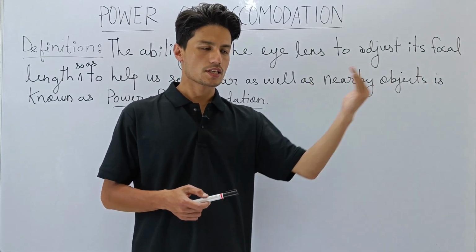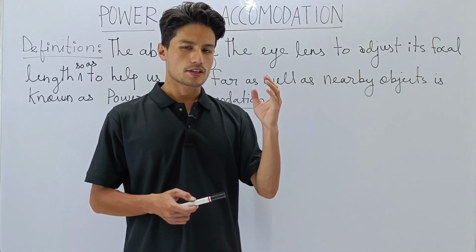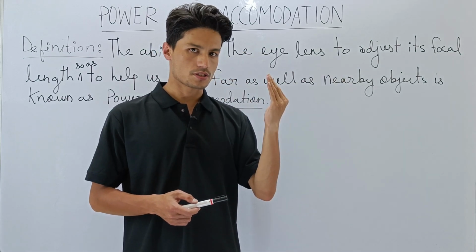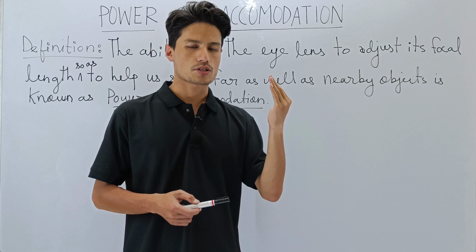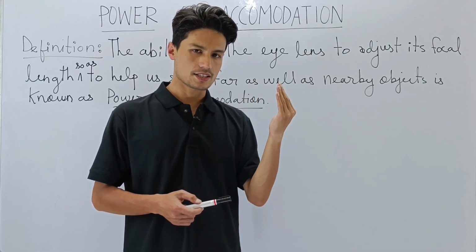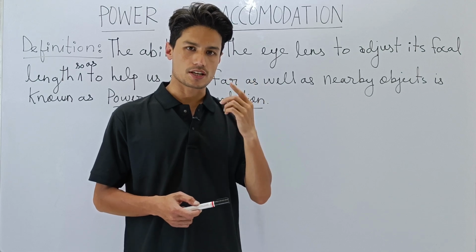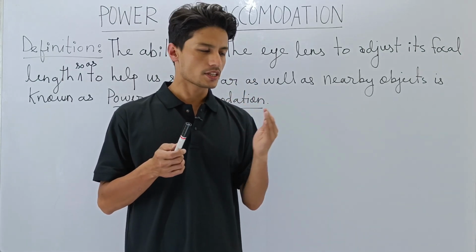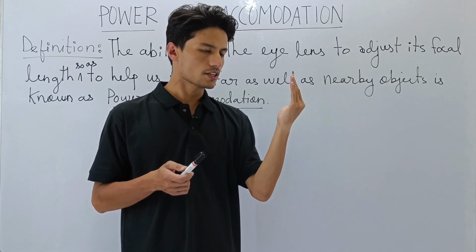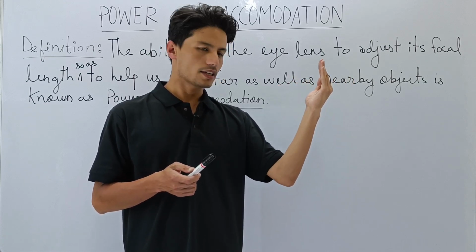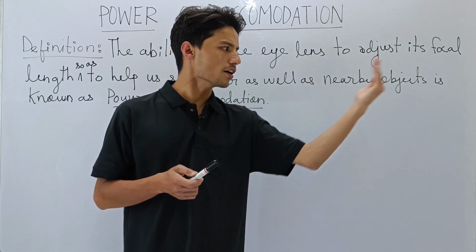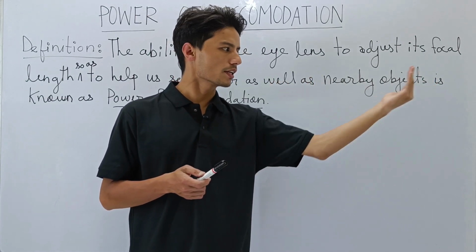Okay, so this is all possible because my eye lens has the power to change its focus. If you have watched the previous video, there I have explained very well that our eye lens, the biological eye lens that God has given us, has a very special ability, which is that it can change its focal length. By changing its focal length, it helps us see nearby objects, and if we want to see far distant objects, then the focal length changes.